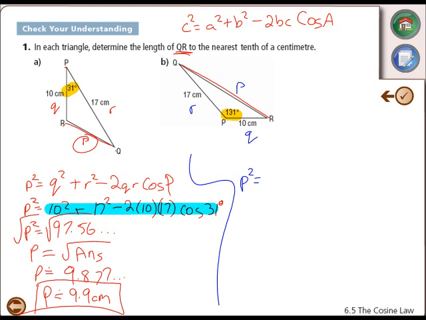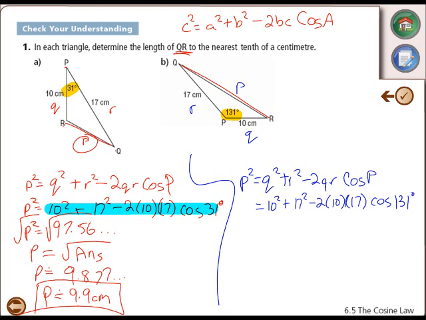So p squared equals q squared plus r squared minus 2qr cos of P. Fill it all in. And that equals, again, 10 squared plus 17 squared minus 2 times 10 times 17, cos of, this time it's 131. It's the only difference there. Now, a lot of you will say, hey, wait a minute, why don't I just do it all in one shot instead of doing it once and then hitting the square root of the answer?